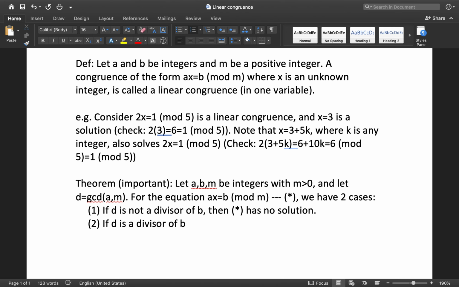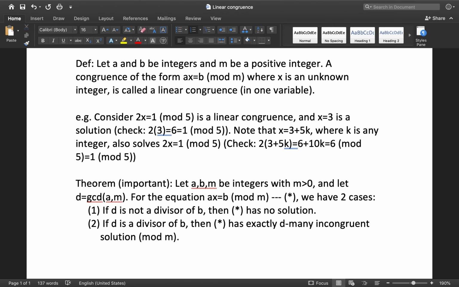If d is a divisor for b, then the equation star has exactly d many incongruent solutions, when you're taking the congruence with respect to m.